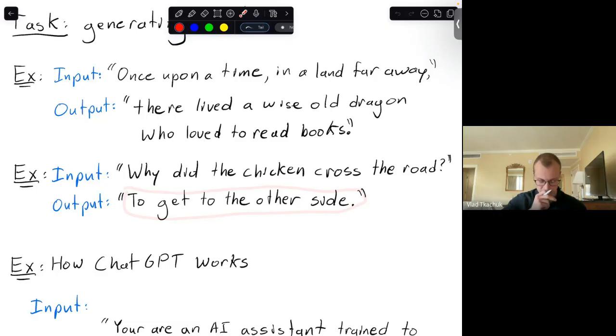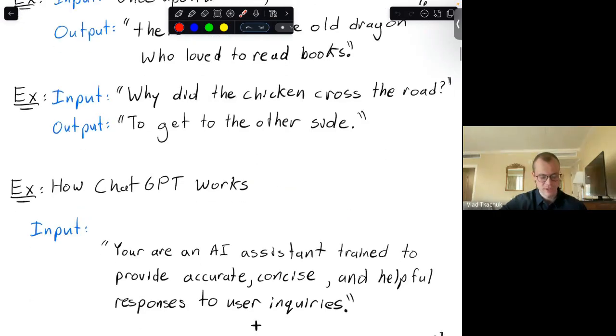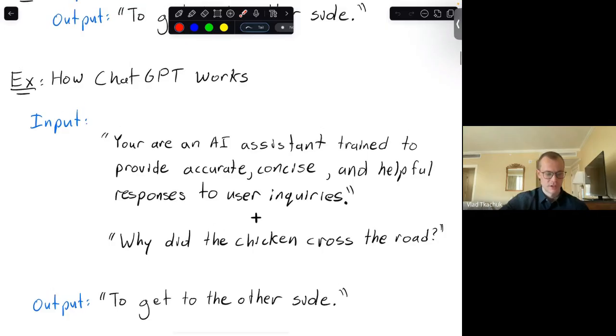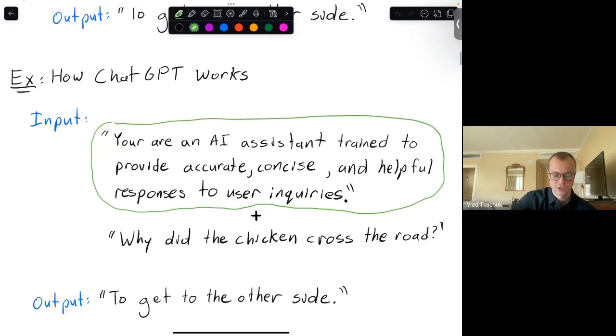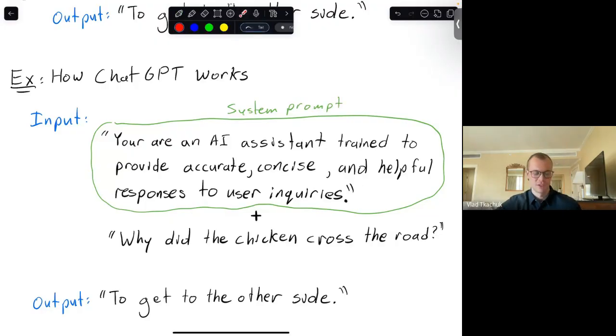One thing I wanted to mention is that behind the scenes, there's an extra part that gets appended to your input, which is called the system prompt. You never see this, but each of the big language model companies does this.